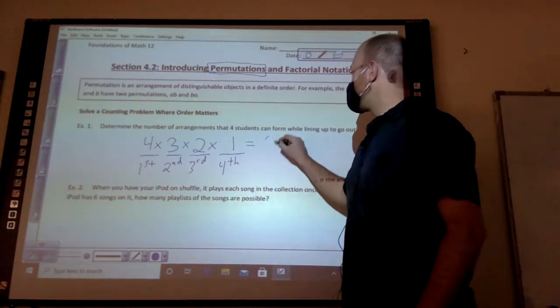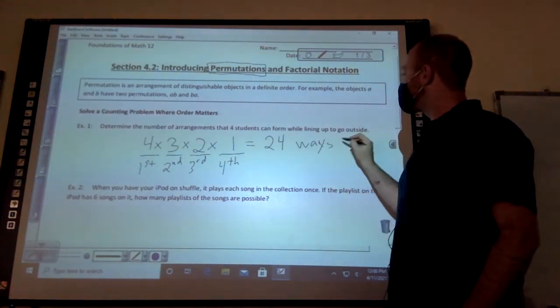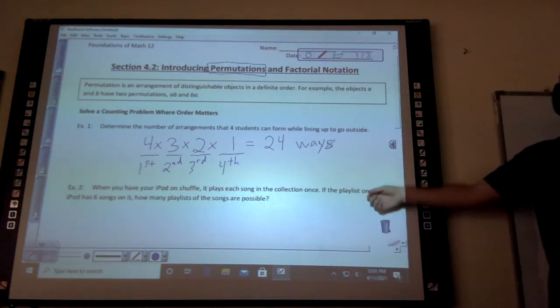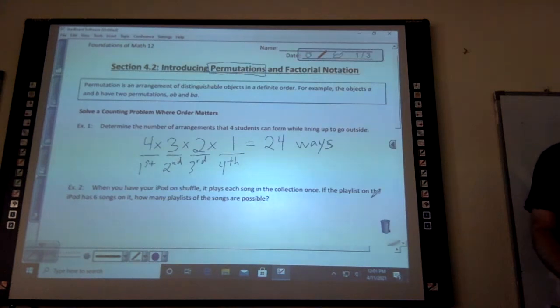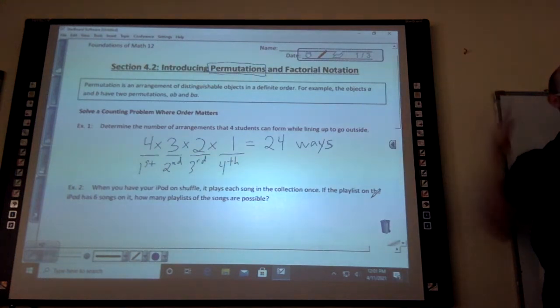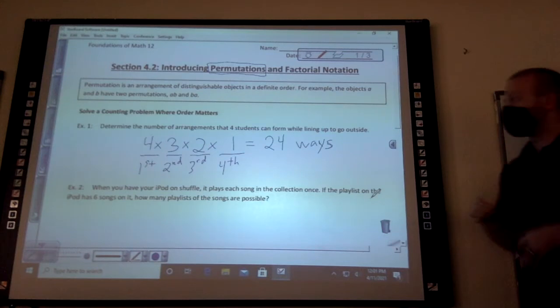So 24 ways. So with only 4 students, we can have 24 different ways that we arrange those students. So this one is a permutation because students are distinguishable. I can tell the difference between student 1, student 2, student 3, student 4.